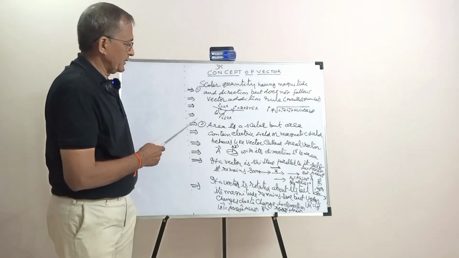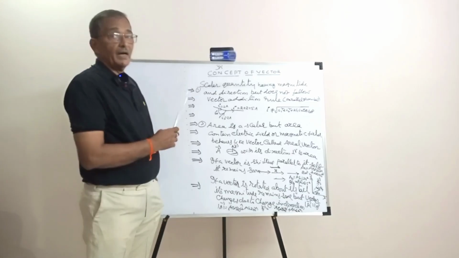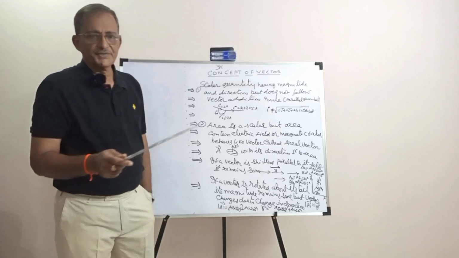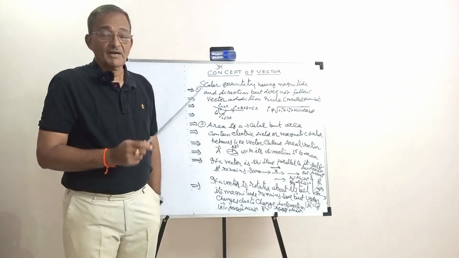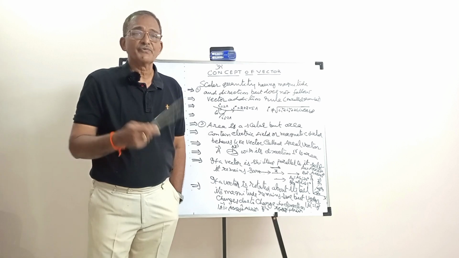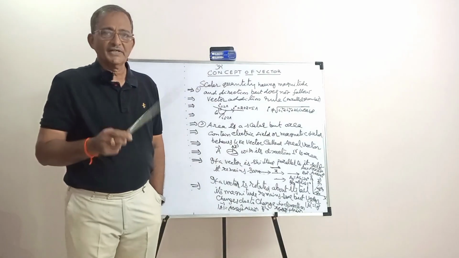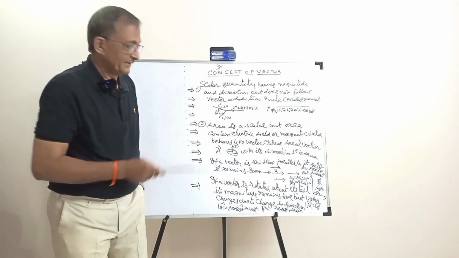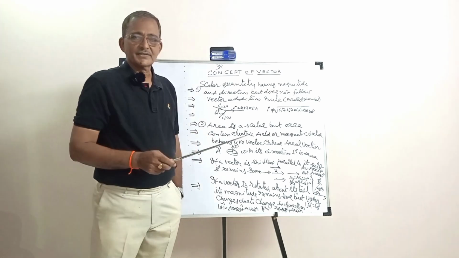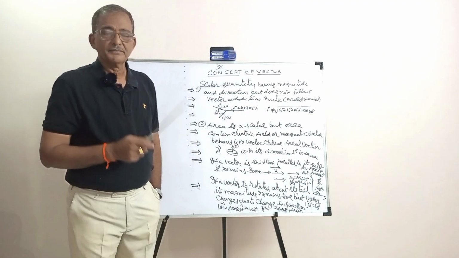Another important quantity is area. Area is generally a scalar quantity, but sometimes it attains vector nature if that area contains an electric field or magnetic field. Then we call that area an areal vector.